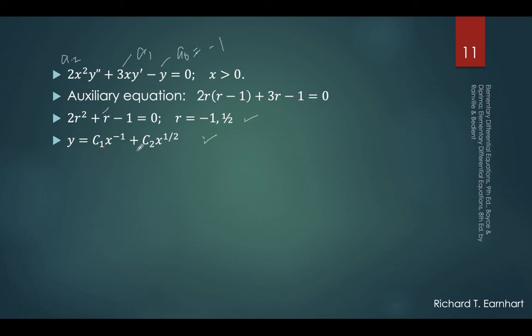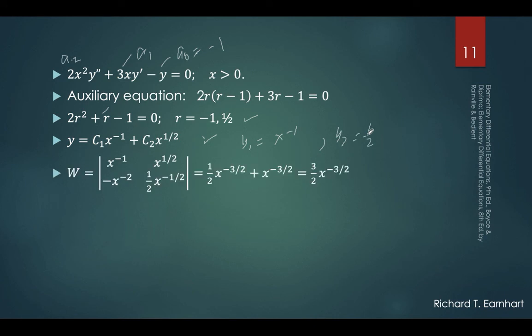So you have two arbitrary constants c1 and c2, and then the powers negative 1 and positive 1/2. So you have two solutions. Okay, negative 1 and the other one is 1/2.